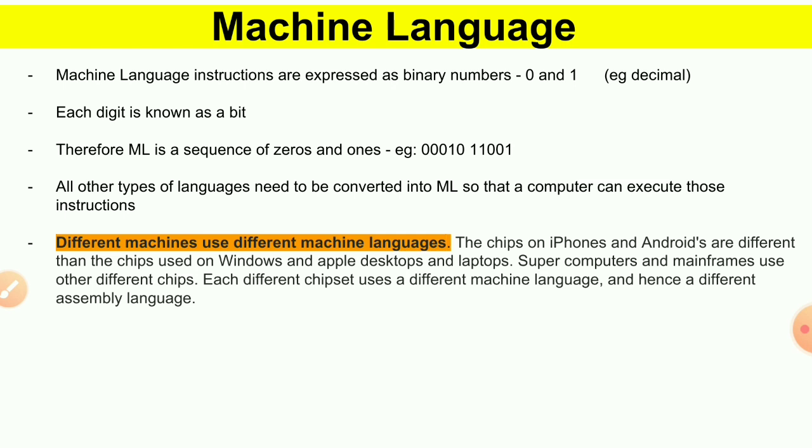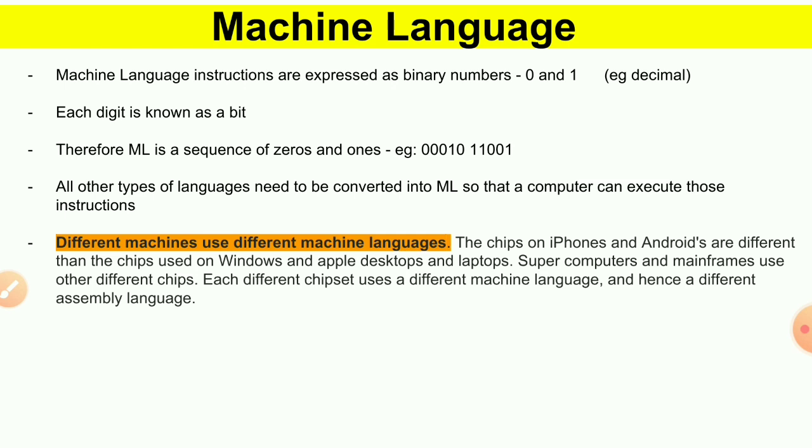Okay, why is it so? Well, the reason is that all the devices have their hardware configured differently. So the machine language for each of the different hardwares will be different.